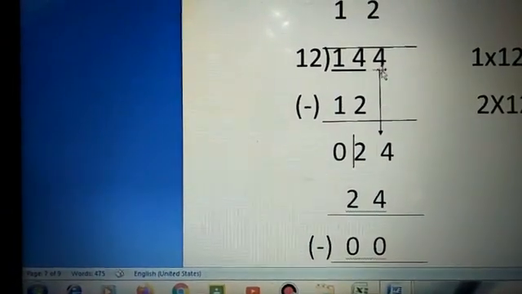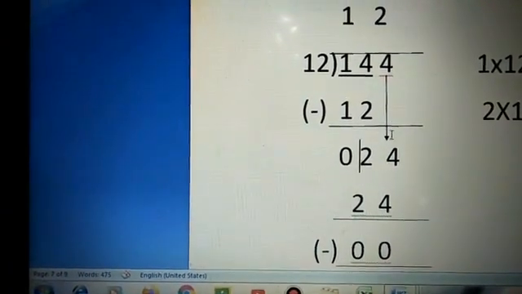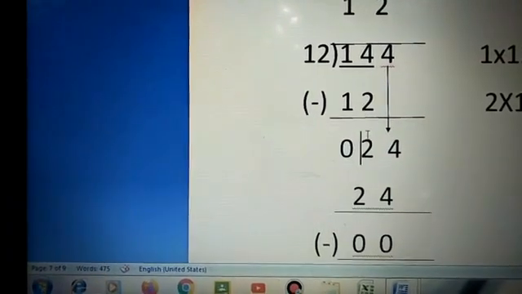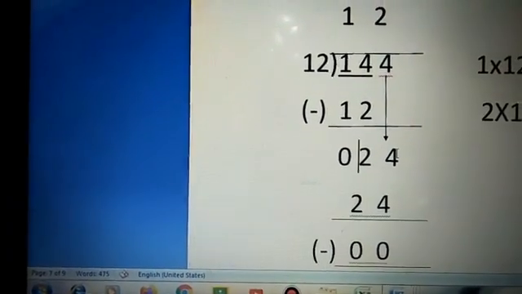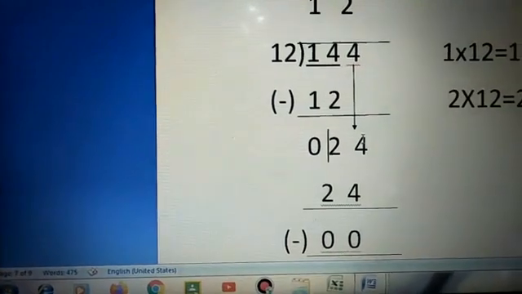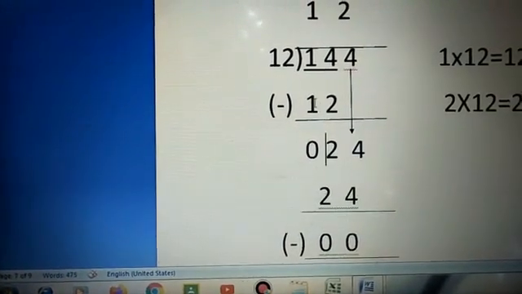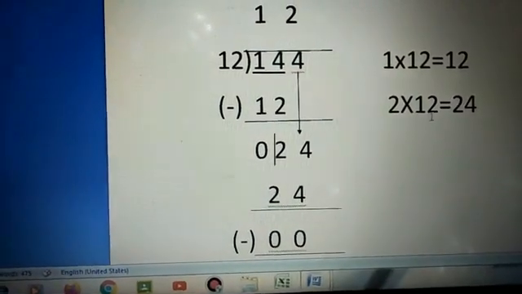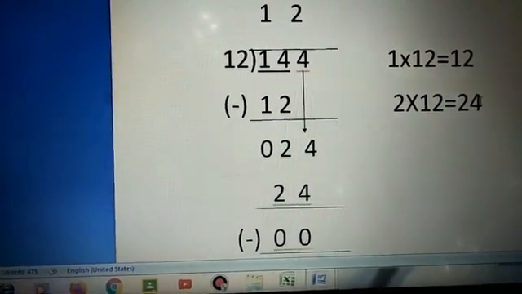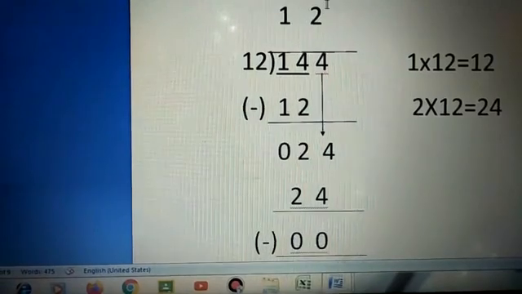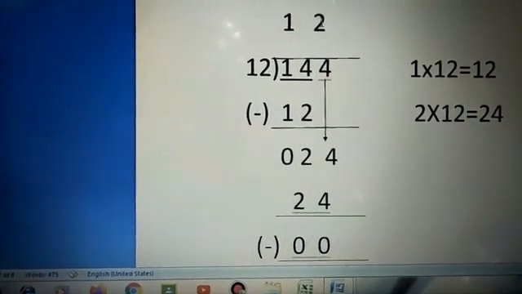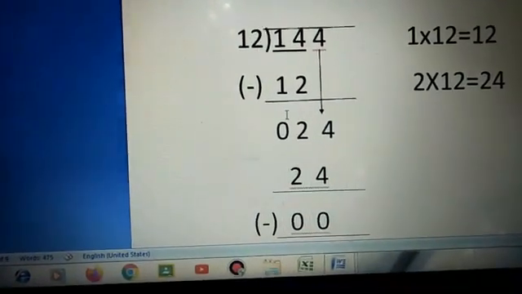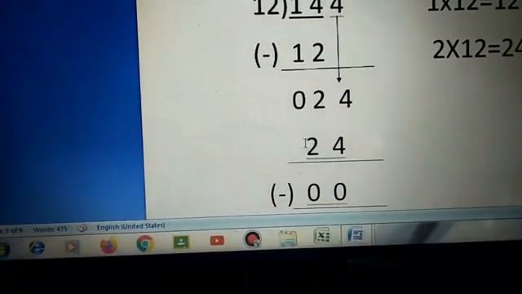Next I bring down the next digit 4. So what we get? 24. Now we check how many times 12 goes in 24. 2 12s are 24. So I write 2 in the quotient. 2 12s are 24.